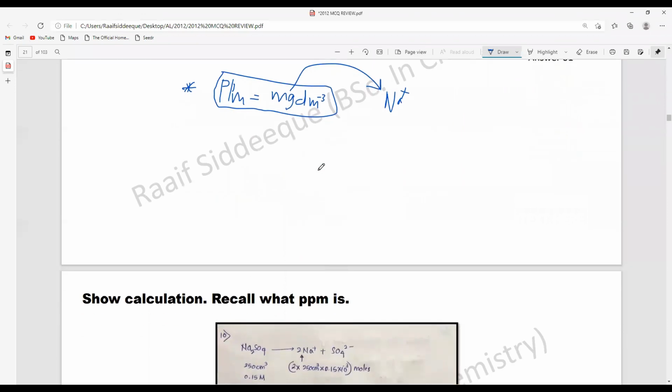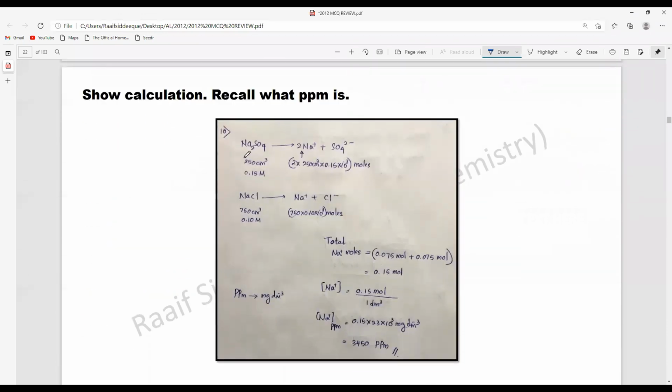So I am going to write down the equation like this. Na2SO4 will give 2 Na plus and SO4 2 minus. 1 mole of this will give 2 moles of this. So you can calculate the number of moles using this, and its number of moles will be twice because the stoichiometry is 1:2.